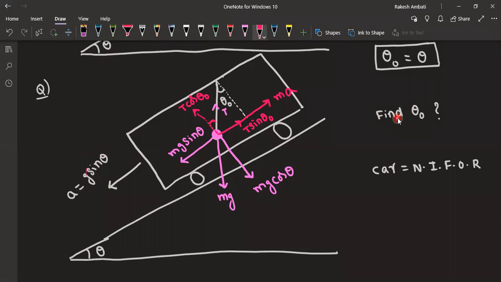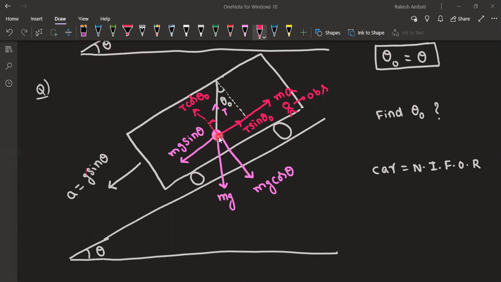For example, here I'm taking the observer inside the car. That means the observer is also in the same frame. Now with respect to the observer, is the pendulum accelerating or at rest?